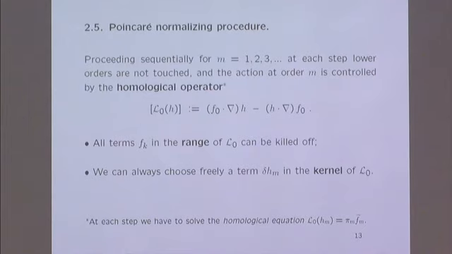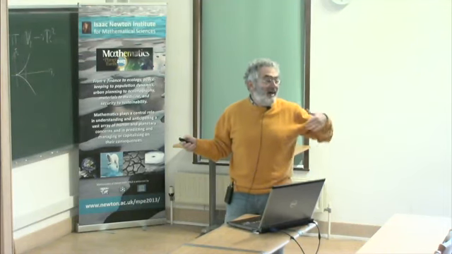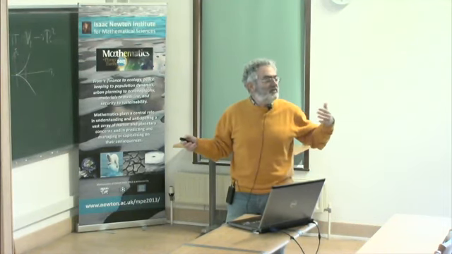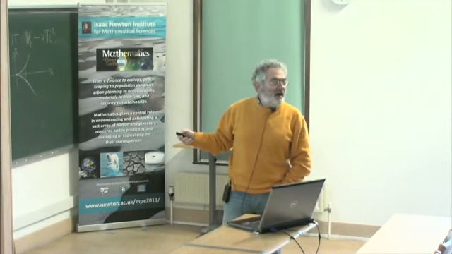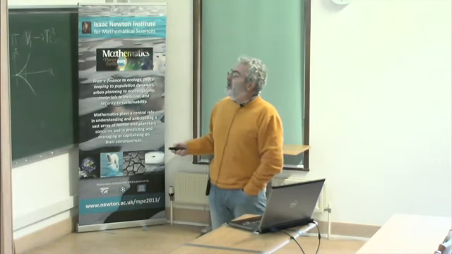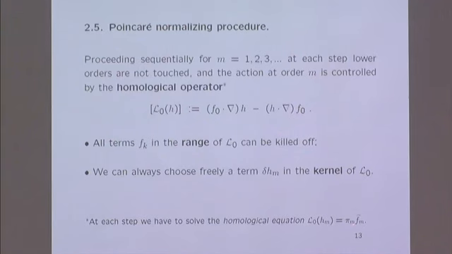On the other side, if I change with something which is in the kernel of the operator, I don't see anything different. And actually, this is relevant. I will not speak about this, but if you look at higher order effects of the change of coordinate, not just at the lowest order, these terms come into play. So at each order, we have to solve an equation like this.